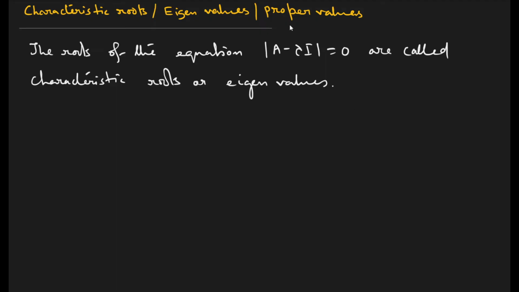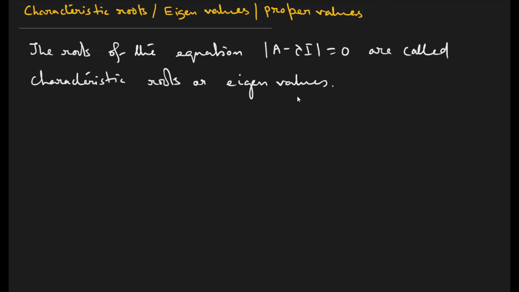Sometimes we call them proper values also. When you solve this equation, we'll get some values of lambda. If the matrix is 2 by 2, we'll get 2 values of lambda, and if the matrix is 3 by 3, then we'll get 3 values of lambda. We'll try to find the solutions for 2 by 2 and 3 by 3 matrices later.